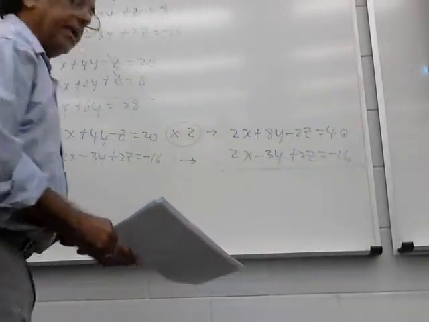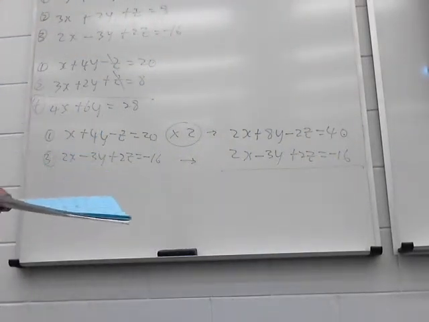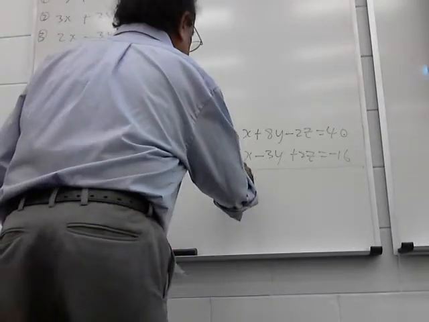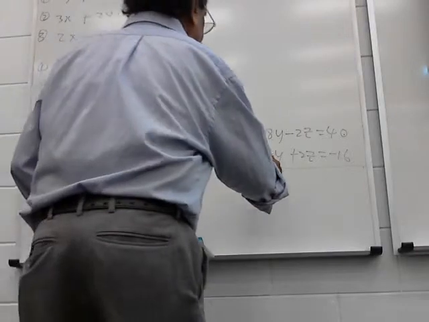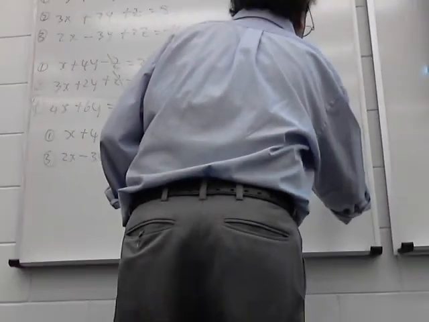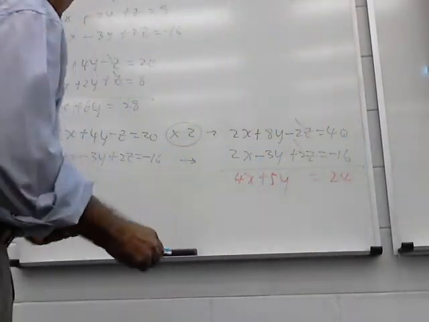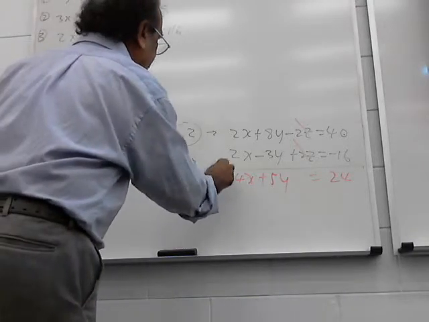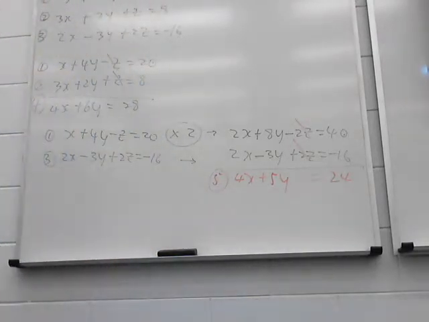So now I will go ahead and add these. If I do that, I get 4x here, and this gives me plus 5y. The z cancels off, and this gives me equal to 24. So here now I have equation 4. I'll call this here 5 for convenience, and those are the two I will use.